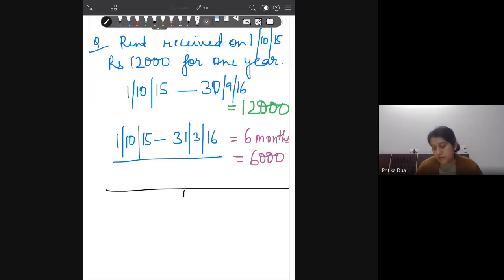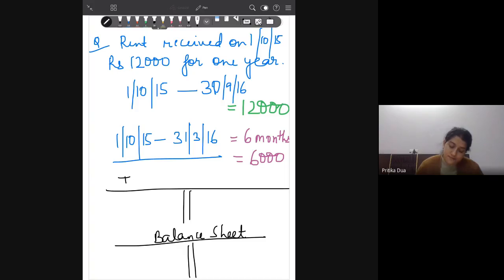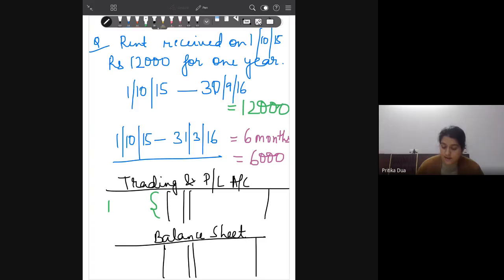Again, two proformas. One is the trading and P&L account, and the other is the balance sheet. Rent received is your income, an indirect income. So I write it as by rent received.